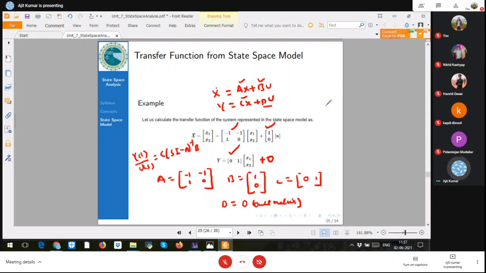Try please to find the transfer function of this state space model. And you know the transfer function model is C times (sI minus A) inverse times B. Then I'll tell you the answer. Or if somebody is having any kind of doubt in that, please let me know, because it's a very crucial concept for this particular unit.